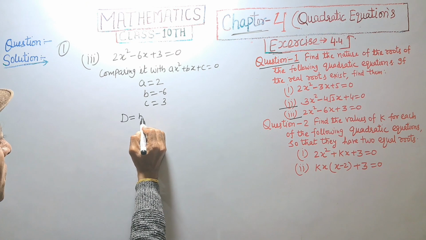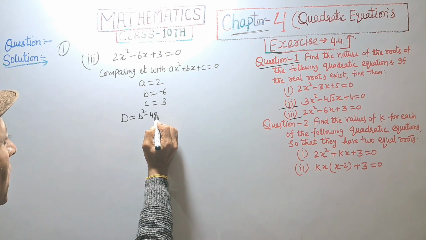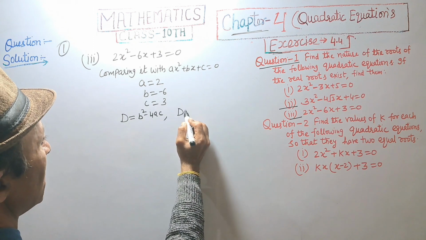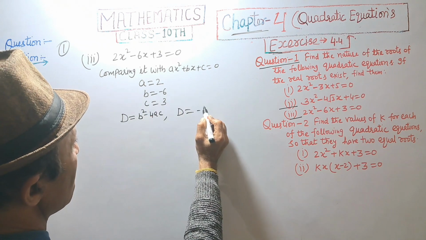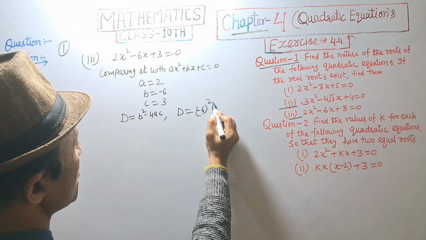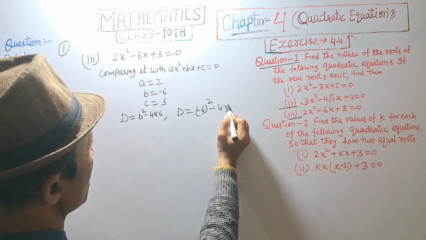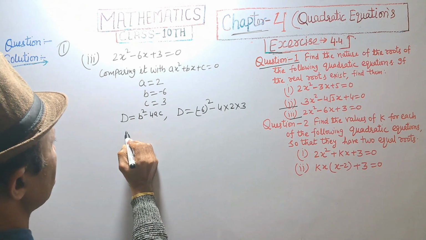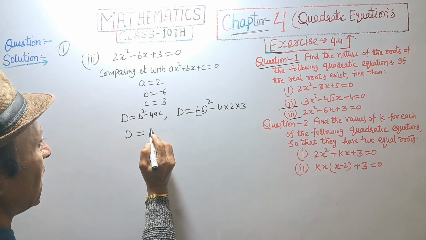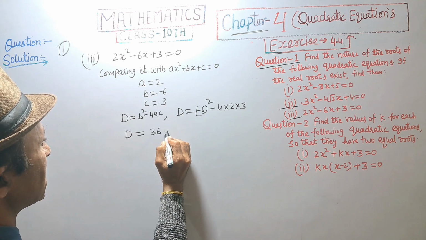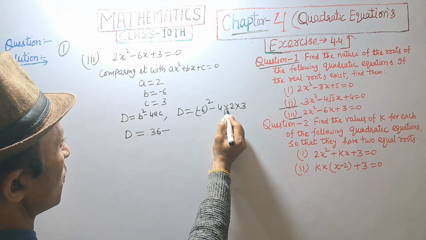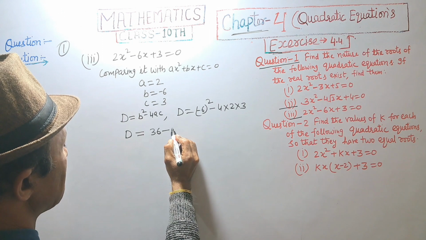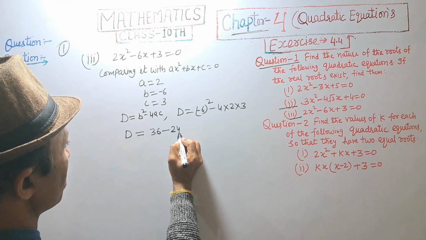is equal to b square minus 4ac. D is equal to minus 6 raised to power 2 minus 4 into a is 2 and c is 3. So discriminant D is equal to 6 6s are 36 minus 4 2s are 8, 8 3s are 24.